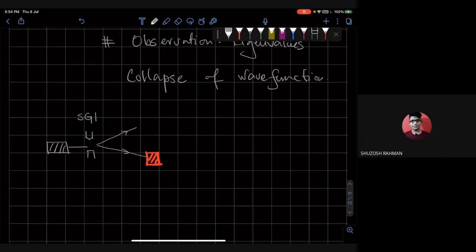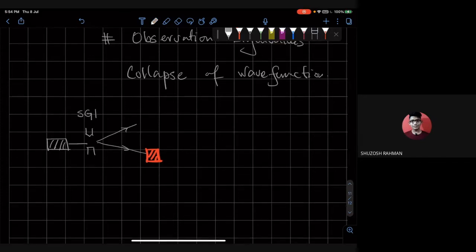And then we are going to allow it to go through a second Stern Gerlach magnet. I'm just not going to be very accurate about the geometry, I'm just going to do it like this.